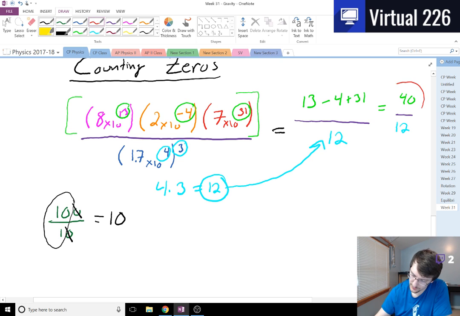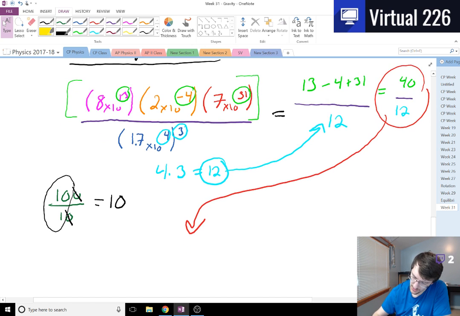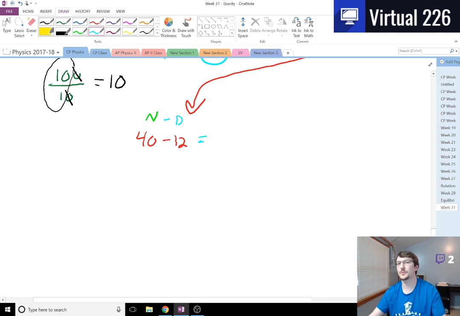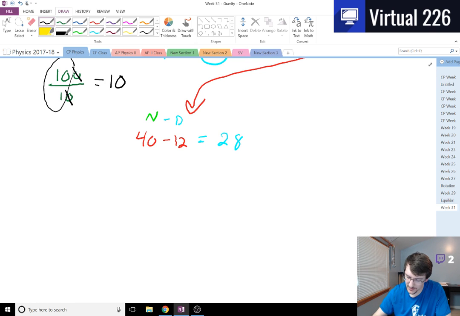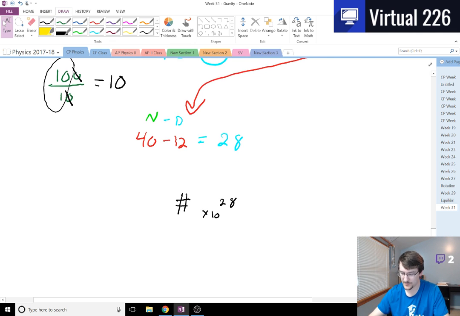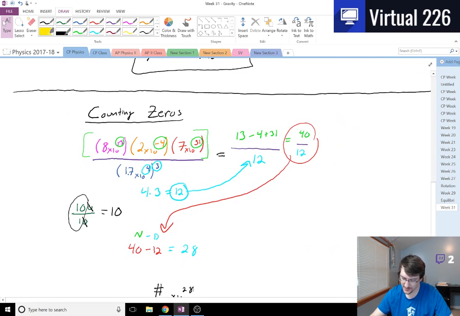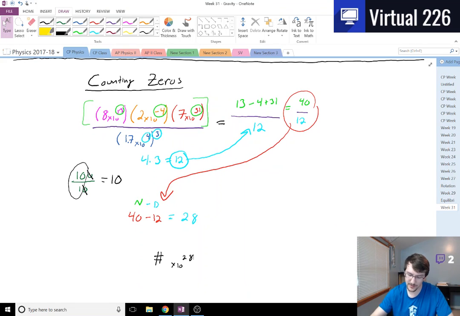So we just take 40 minus 12, the numerator values minus the denominator values, and that gives us our total number of zeros remaining. 40 minus 12 is 28, so our number should be something times 10 to the 28th, or something close to that. Now we can get a little bit more accurate than just saying times 10 to the 28 if we go one step further.